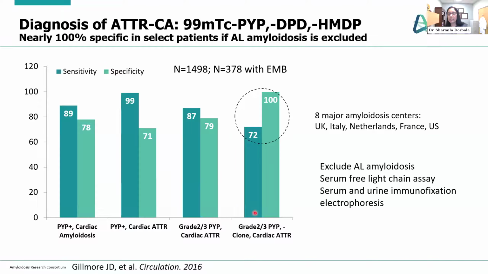In this test, what they showed was if there is myocardial uptake of tracer, which is equal to rib or greater than rib uptake, and your AL plasma cell evaluation is negative, your serum free light chain assay, serum and urine immunofixation electrophoresis are negative, the test is nearly 100% specific to diagnose transthyretin form of amyloidosis. Okay, so based on this seminal study, we are now able to treat patients with transthyretin amyloidosis diagnosed by this test without need for endomyocardial biopsy.